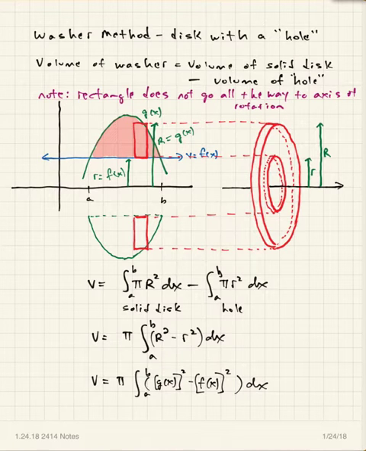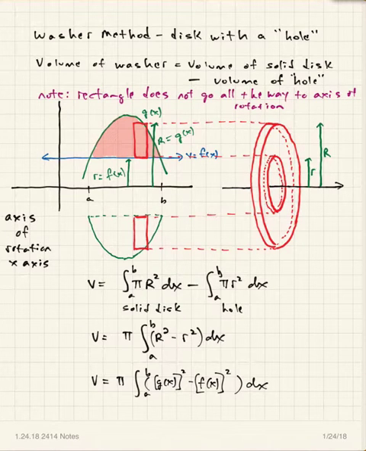Now, consider if the region that you're talking about does not go all the way to the axis of rotation. Okay, so in this picture, the axis of rotation is the x-axis. But I want you to look at the region that you're rotating.